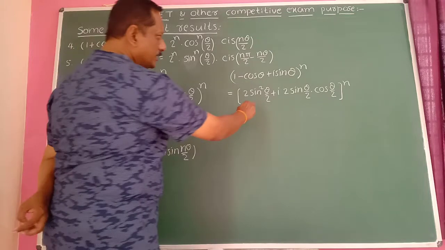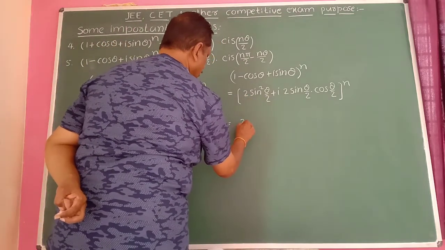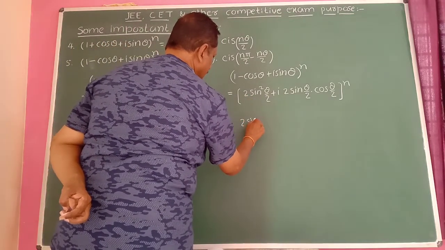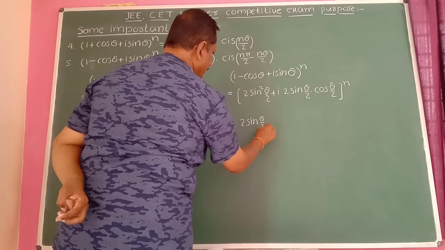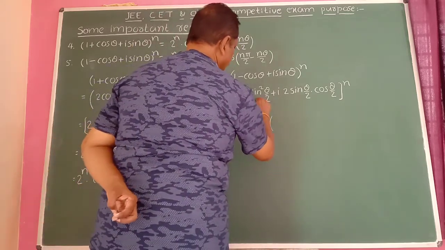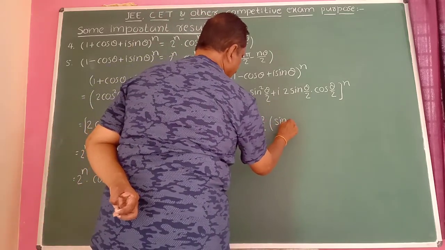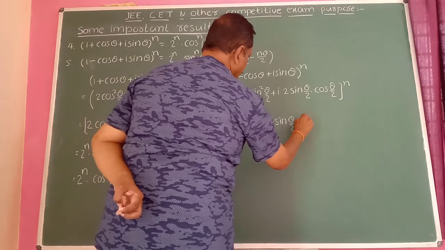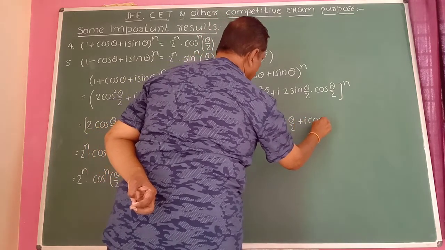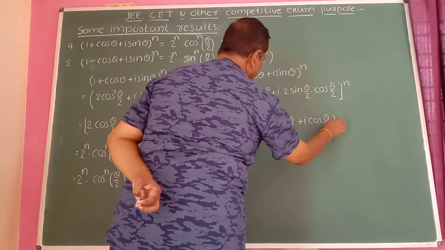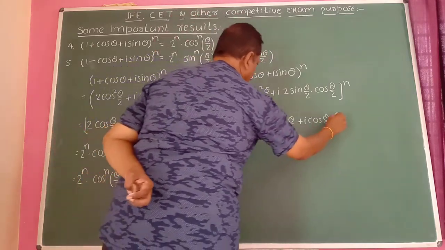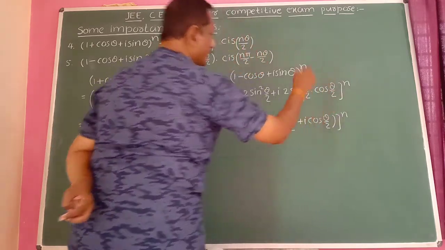Then 2 sin theta by 2 is common here. Then the remaining term is sin theta by 2 plus i into cos of theta by 2, this raised to n, and 2 sin theta by 2 raised to n.